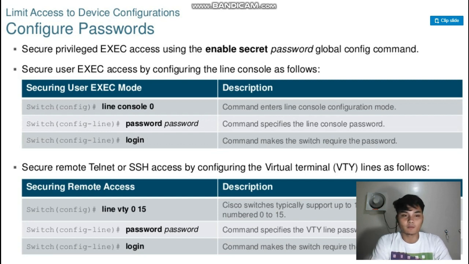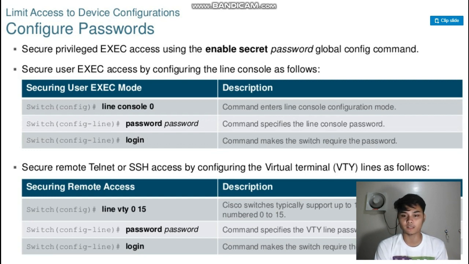Global config command: secure user access by configuring the line console as follows. So we are securing user exec mode. We have line console 0, and the password we will use is password, and then login. The command enters line console configuration, and the switch requires the line console password.